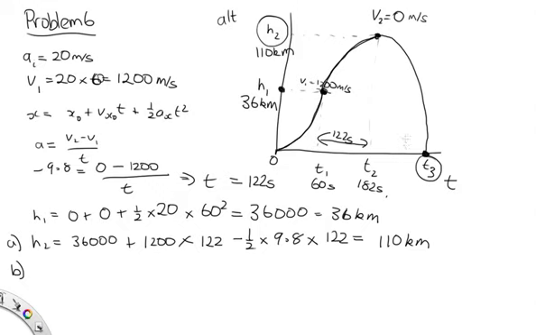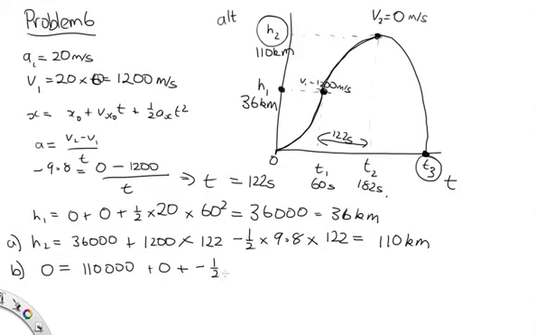So we can actually use this formula again and solve it to find t. So the final height is 0. The initial height is 110 kilometers. The initial velocity up here is 0. So we've got plus 0, we can ignore that term. And the acceleration is minus 9.8.